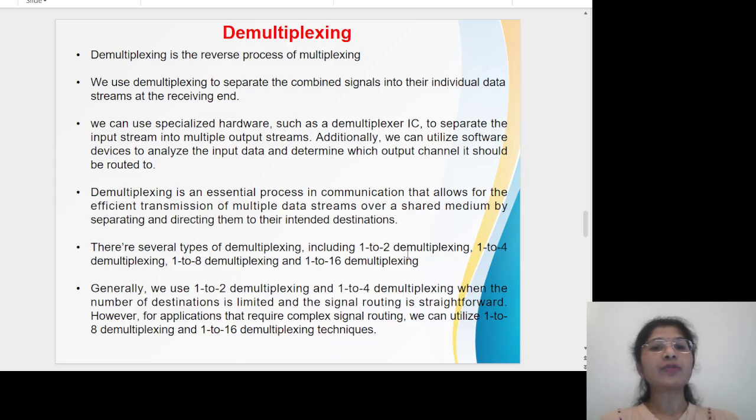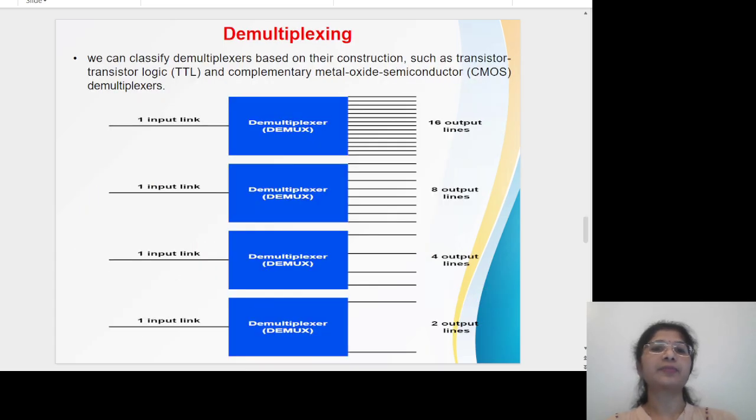There are several types of demultiplexing, including 1 to 2, 1 to 4, 1 to 8 and 1 to 16 demultiplexing. Generally, we use 1 to 2 and 1 to 4 demultiplexing when the number of destinations is limited and the signal routing is straightforward. However, for applications that require complex signal routing, we can use 1 to 8 and 1 to 16.